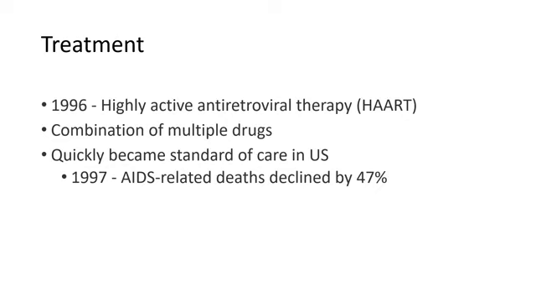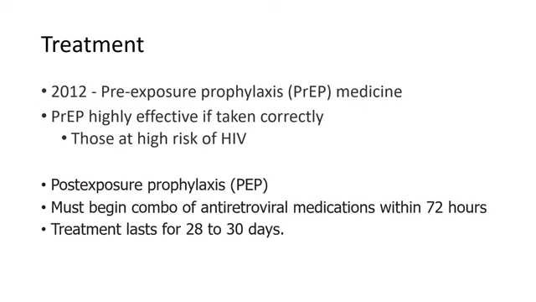These drugs worked together to stop the virus from killing as many CD4 cells. It wasn't a cure, but it was a combination of many drugs, and it did decrease how quickly HIV killed people. And in 1997, 15 years after the beginning of AIDS and a year after the development of this therapy, AIDS-related deaths declined by 47%.